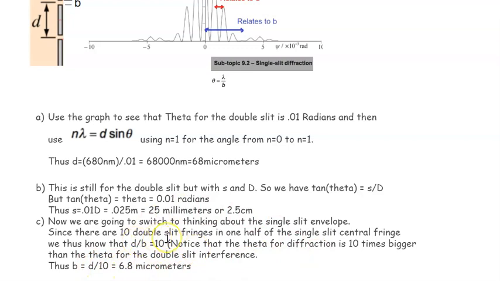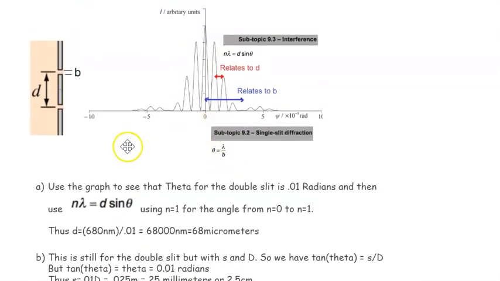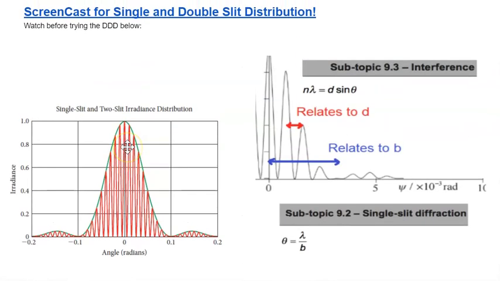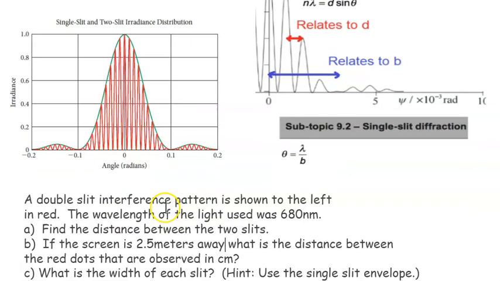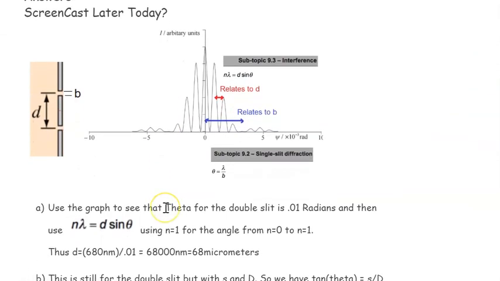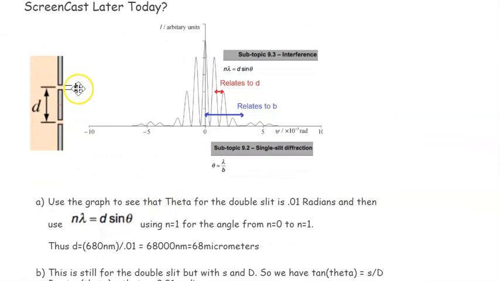So the math here is super easy if you've actually understood the idea of that ratio of the theta comparison back to here. This theta compared to the theta of just one peak is the same ratio, that angular ratio for small angles is going to be the same as the ratio of D to B. Obviously the other way around, inverted, because B is smaller than D, but the angle related to B is always going to be bigger.